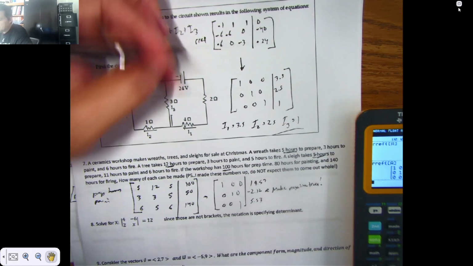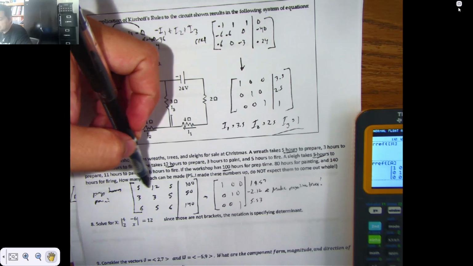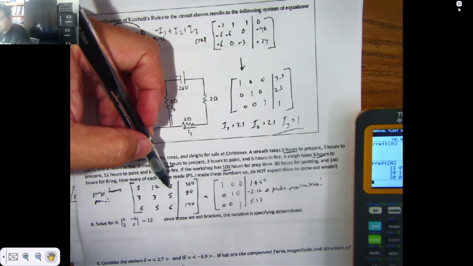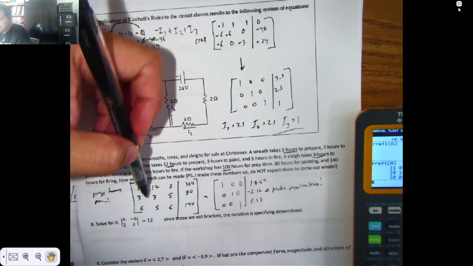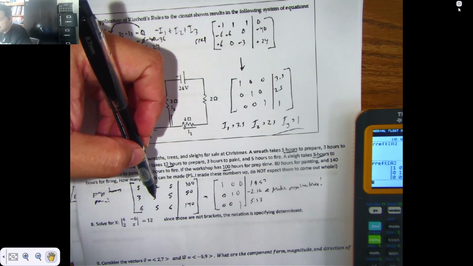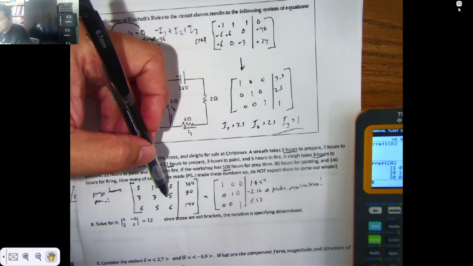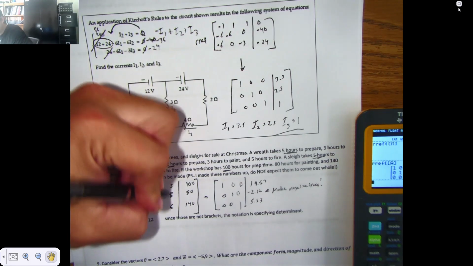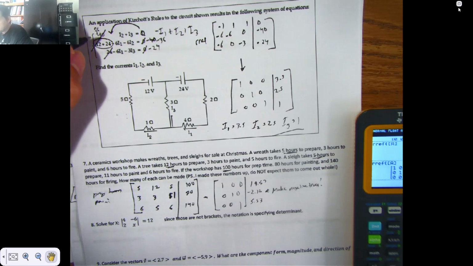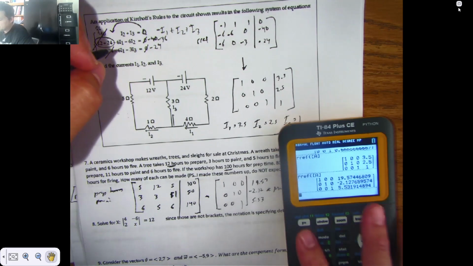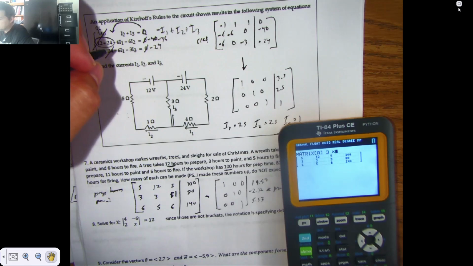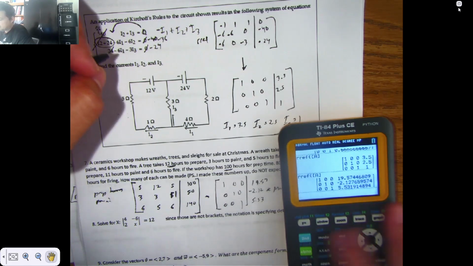Make sure that I've got some lines right here. But 5, 12, 5, 100, 3, 3. Well, this should be an 11. Still negative.